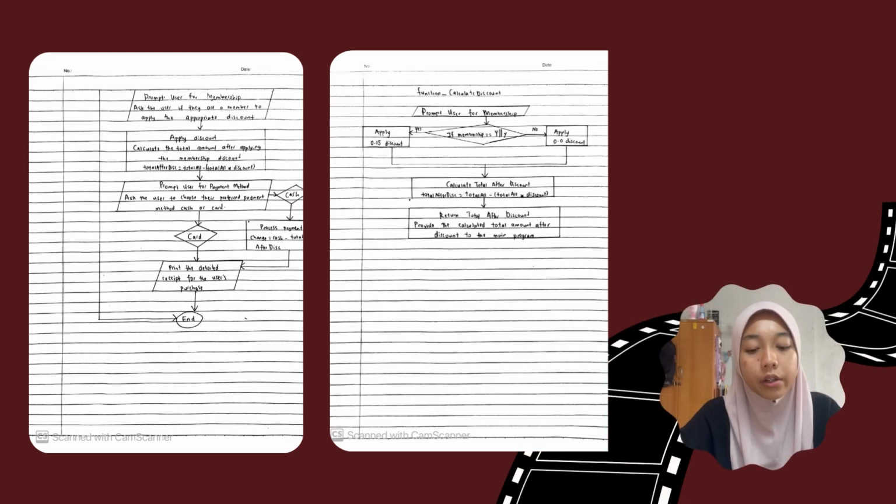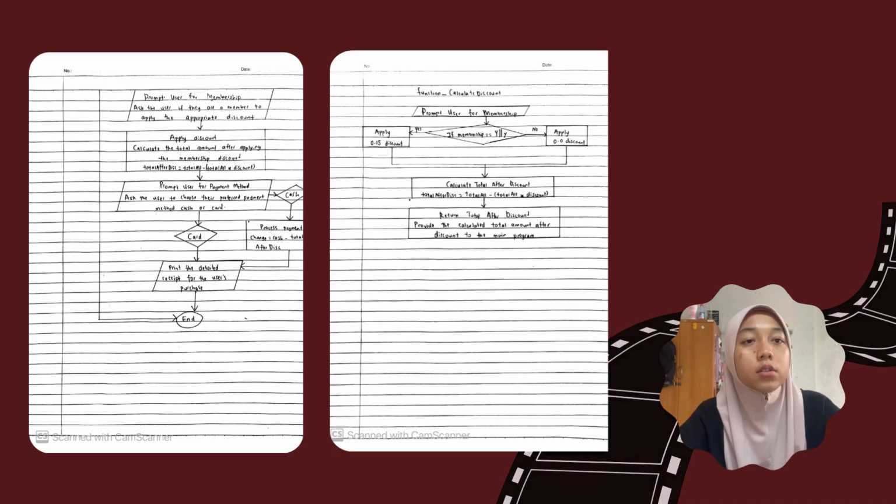And after that, we will calculate the total amount after discount, which is total all minus in brackets total all multiplied by discount. That's it.